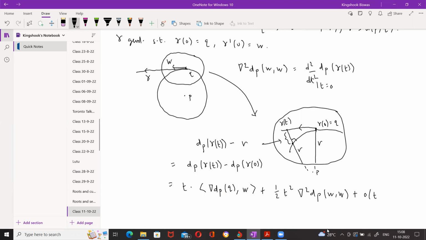Is this clear? I've just done a second order Taylor expansion of this function, d_P composed with gamma.